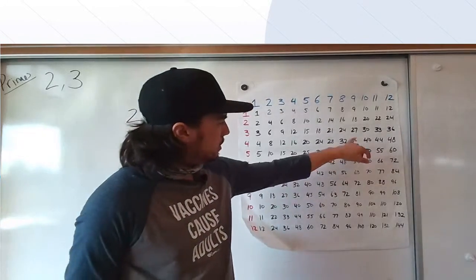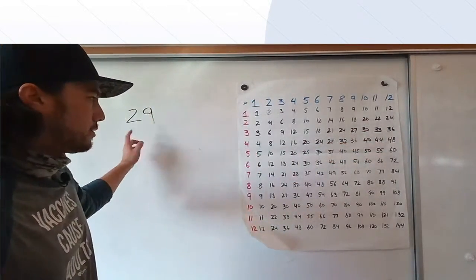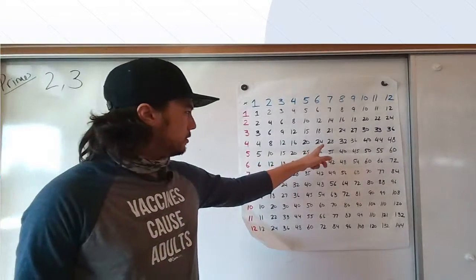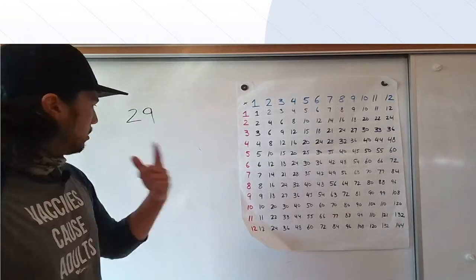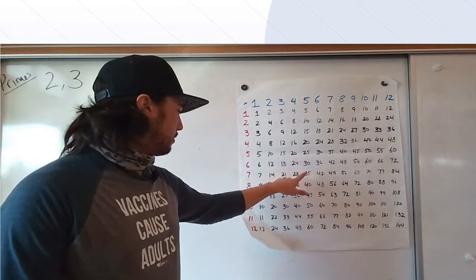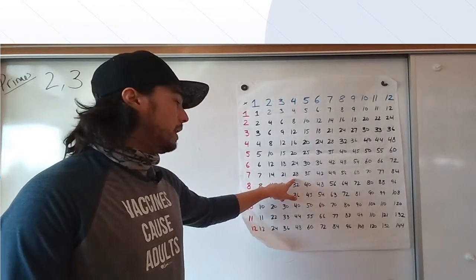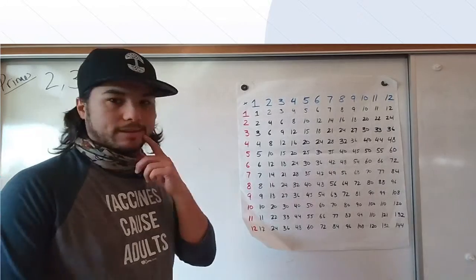I see 27, and then I see 30. I'm looking for numbers near 29 because that might help me. 28 to 32. 25 to 30. 24 to 30. 28 to 35. I'm not seeing it.